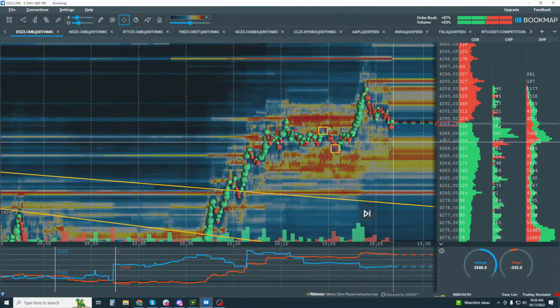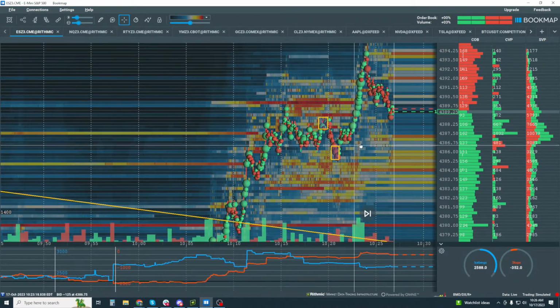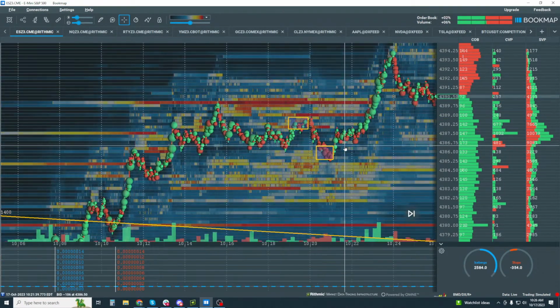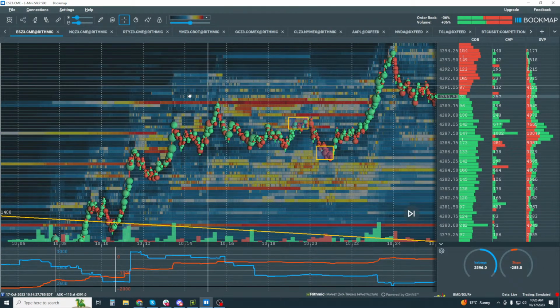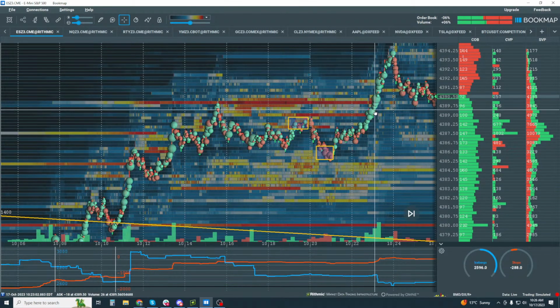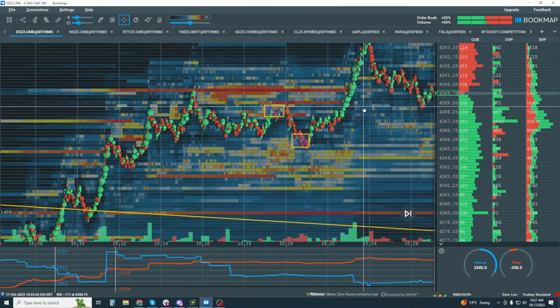And I'm calling it a flag pattern, but it's a continuation pattern, right? And it's right in here. And we had our reasons behind it. Okay, when we start to look at some of these patterns in here with different players on our side, this is going to skew the probabilities in our favor, and that's exactly what we're looking for.